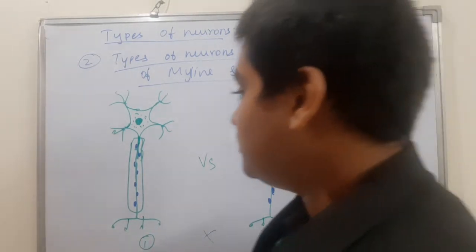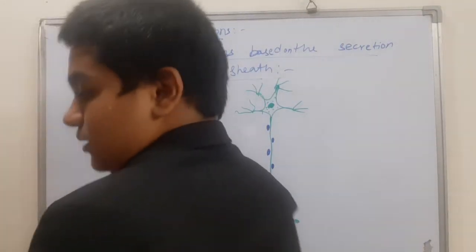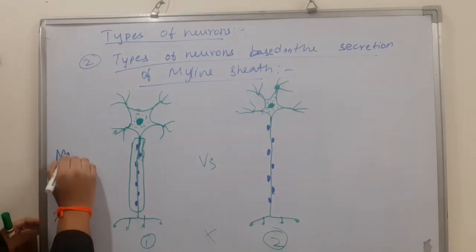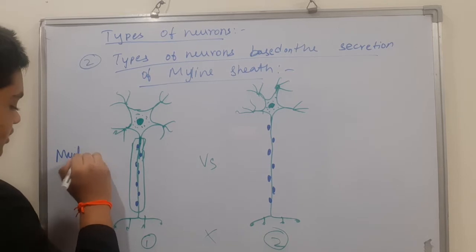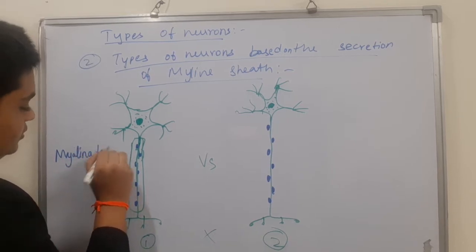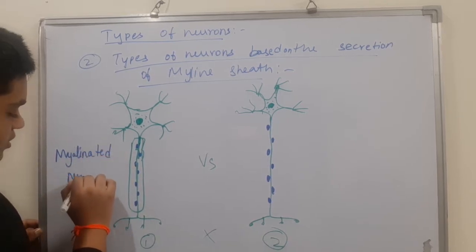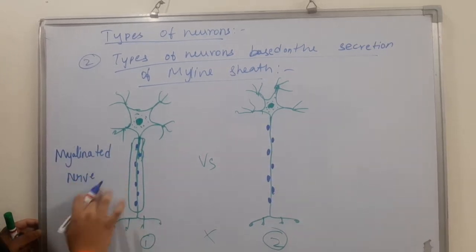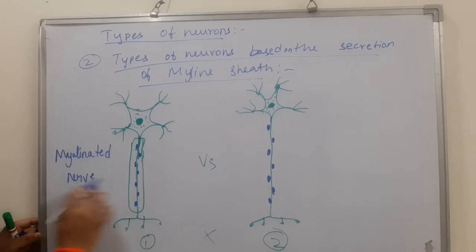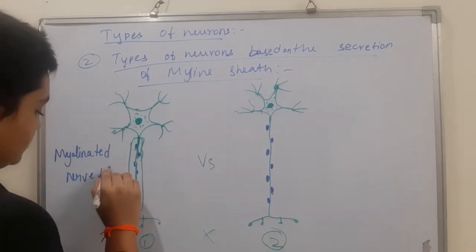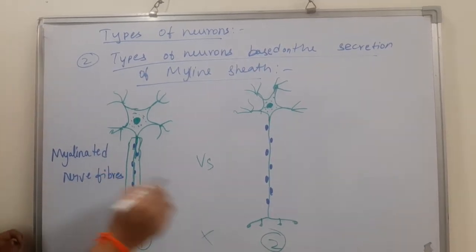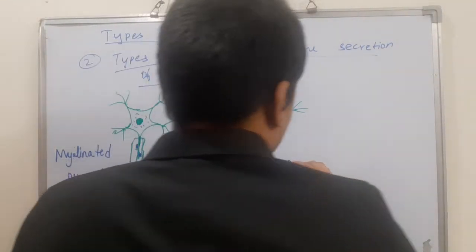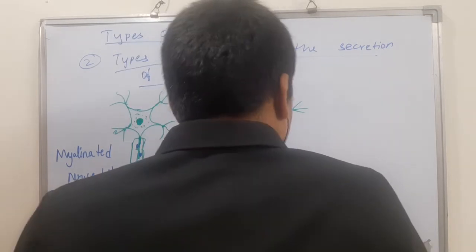That is why these are called myelinated neurons or nerve cells or nerve fibers, and these are non-myelinated or unmyelinated.